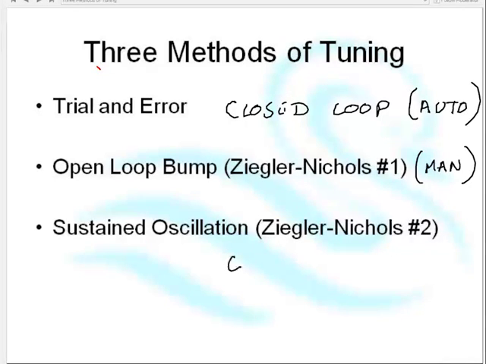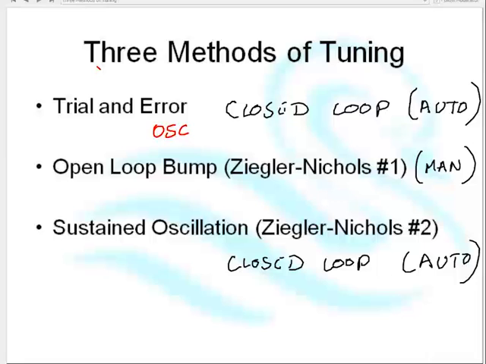The sustained oscillation method is another closed loop method, and we have the system in auto. Another thing to tell you about it, any closed loop method relies on oscillation. So the trial and error method relies on oscillating. The sustained oscillation method, well, you better believe that relies on oscillation.